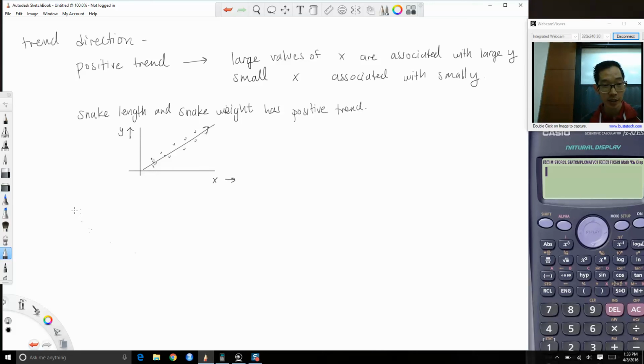Okay, negative trend, we just have the reverse. So large x goes with small y, and small x goes with large y.